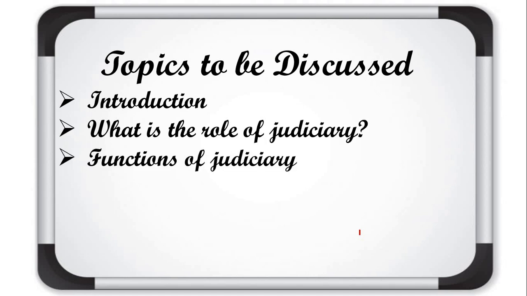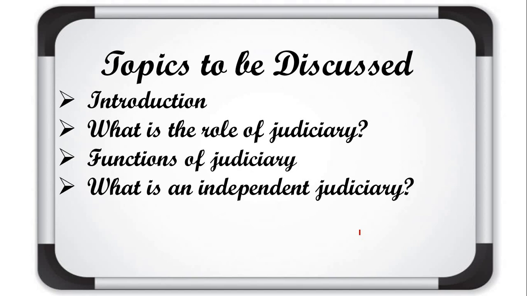Third topic, functions of judiciary or role of judiciary. And fourth one, what is an independent judiciary? And in last, homework will be assigned to you. So let's start today's discussion.